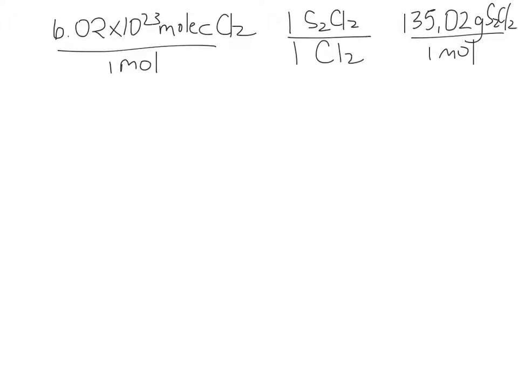And we know we have 50 grams of disulfur dichloride. So the piece that we use first has to contain the units of our final answer, and our final answer wants molecules of Cl2. So we're going to start with Avogadro's number, because molecules are on top.